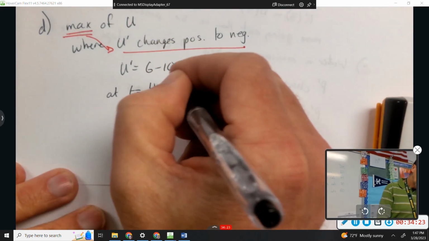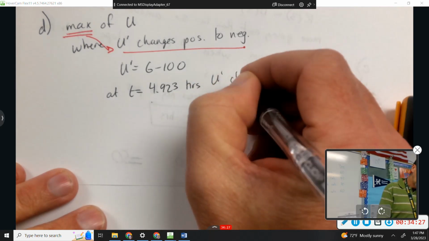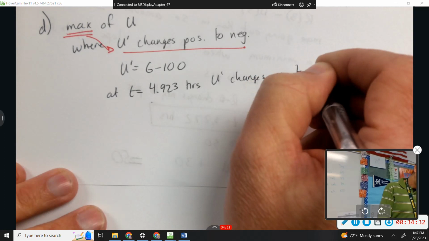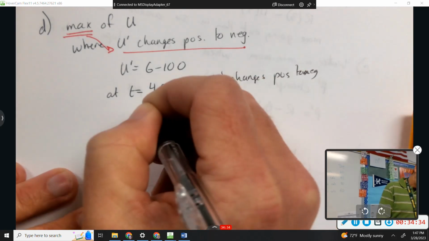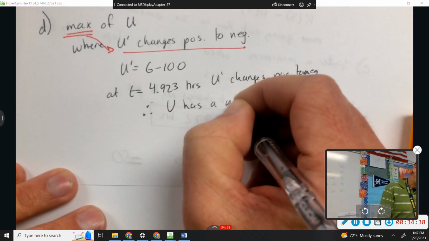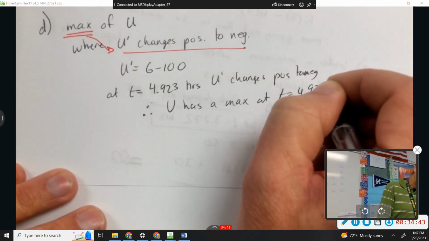Yay. I think that was hours. Yeah. U prime changes positive to negative. Therefore, U has a max at t equals 4.923.